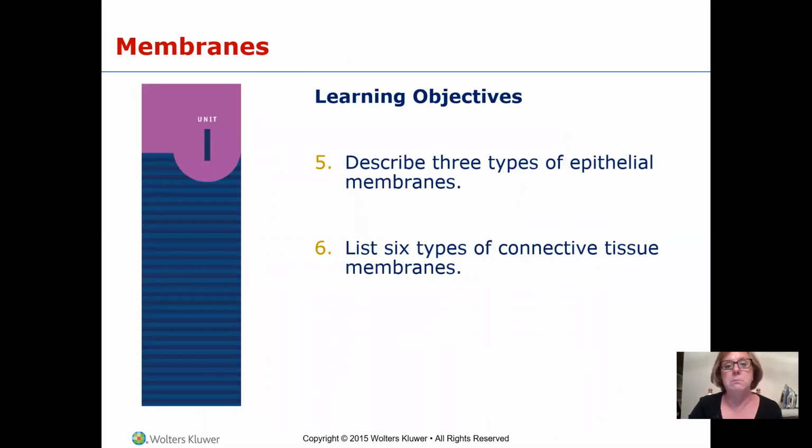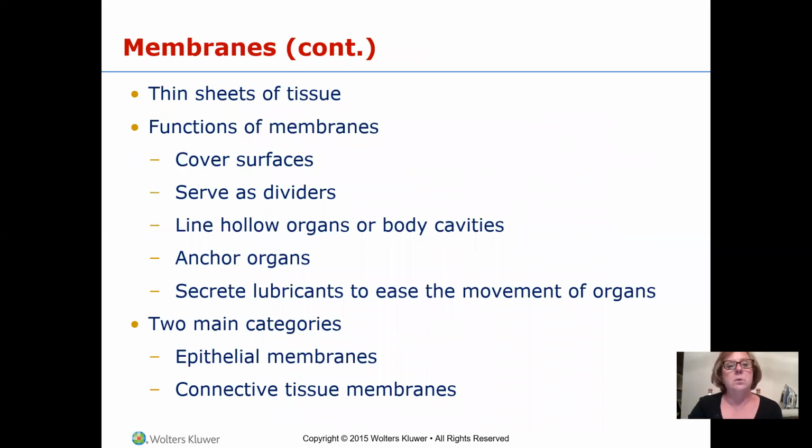And then when we look at membranes, there are three different types of epithelial membranes and 6 types of connective tissue membranes. So when we look at that, they cover surfaces, they serve as dividers, they line all of the organs of our body cavities, they anchor organs together or to the body wall, and then they secrete some kinds of lubricants so that you have ease of movement.